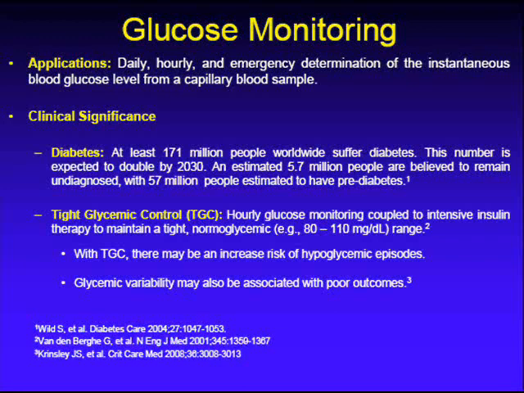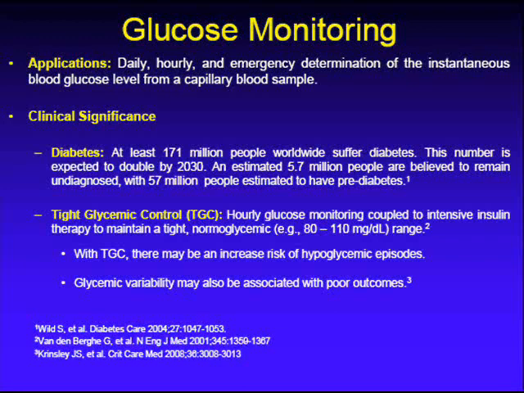From a critical care standpoint in the intensive care unit, a new issue has arisen which is independent of diabetes amongst patients. This revolves around a concept known as tight glycemic control, which depends on hourly glucose monitoring coupled to intensive insulin therapy to maintain a tight normal glycemic range, and that's around 80 to 110 milligrams per deciliter of blood glucose.